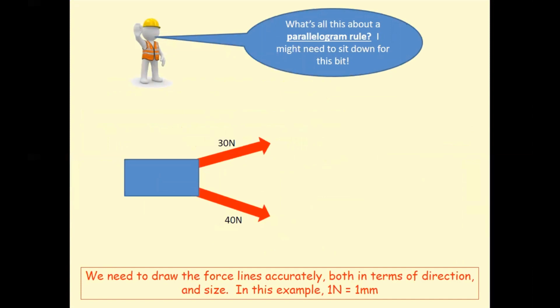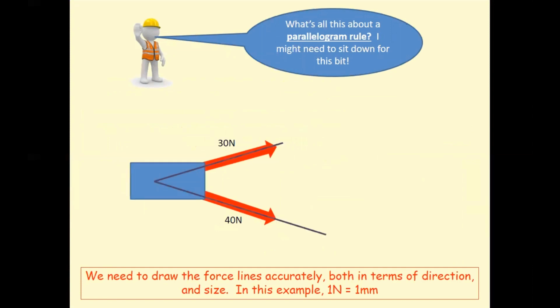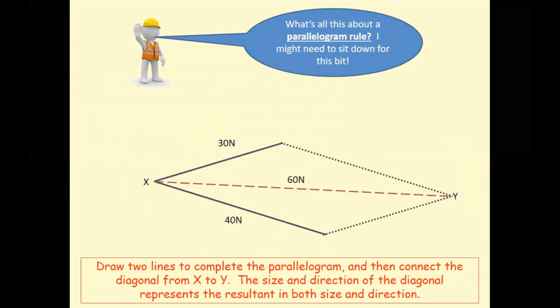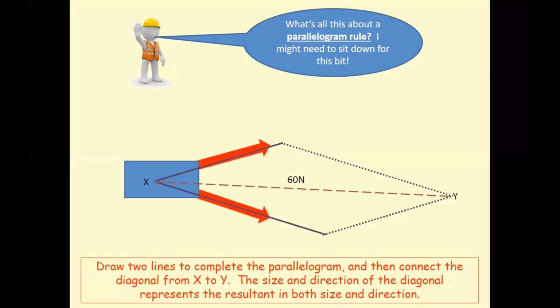By using that, we make a parallelogram with respect to the size and direction of the forces and draw a diagonal which represents the resultant in both size and direction. It's like this.